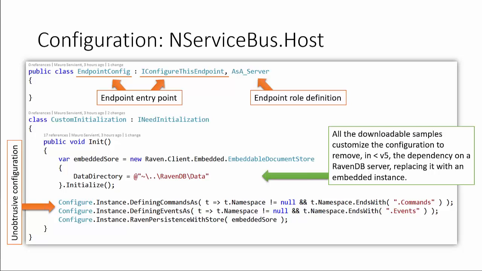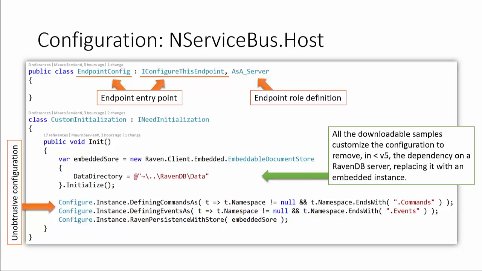As we have said, we have removed the requirement to decorate our messages with the ICommand and IEvent interfaces, and we can explain to NServiceBus how to define commands and events, basically using a lambda expression, or a delegate in this case, that says every single type whose namespace ends with .Commands or .Events should be considered a command or an event.